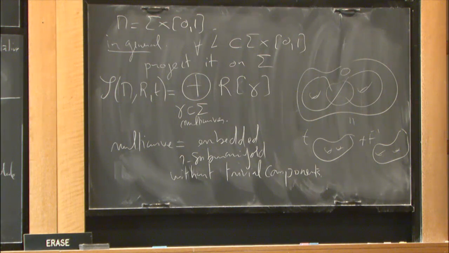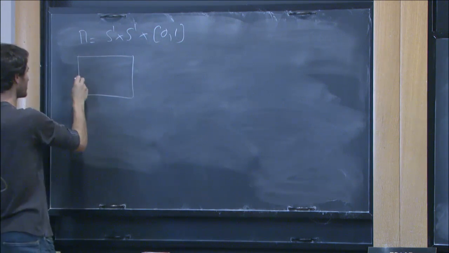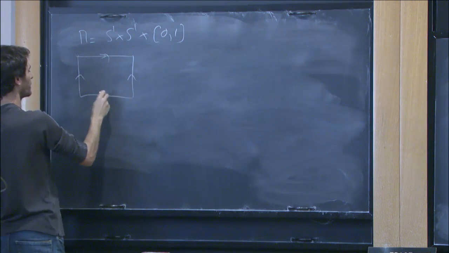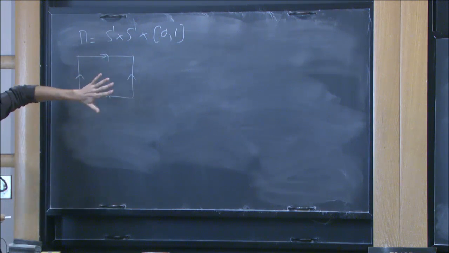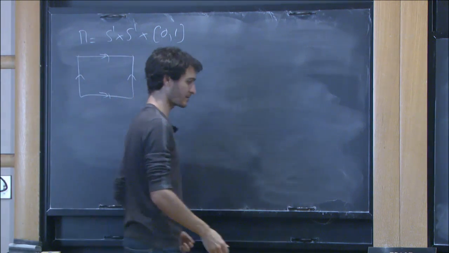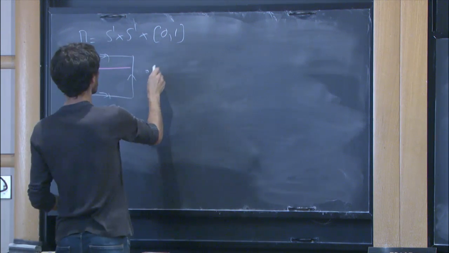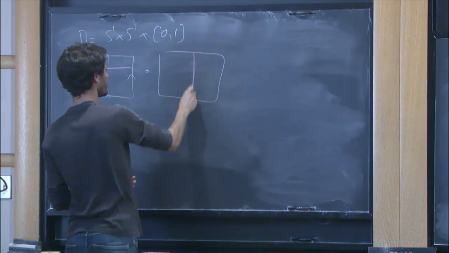And just for you to understand what I mean, let me do a very simple computation in the Kauffman algebra. So suppose that M is S1 times [0,1]. And let me make a picture. So this is a torus. And the [0,1] is just in the sense of the direction of the blackboard. So I can just multiply this curve, say, times this curve here.